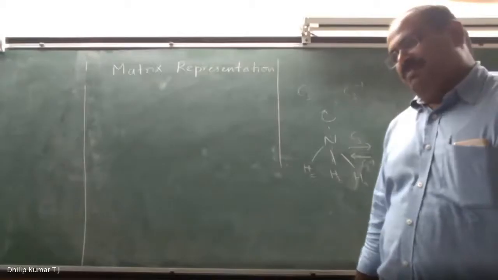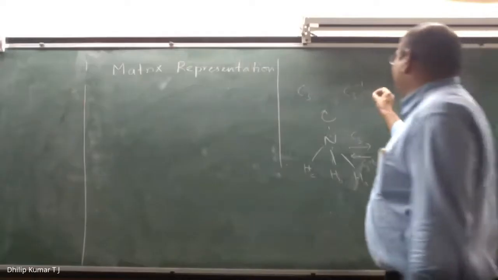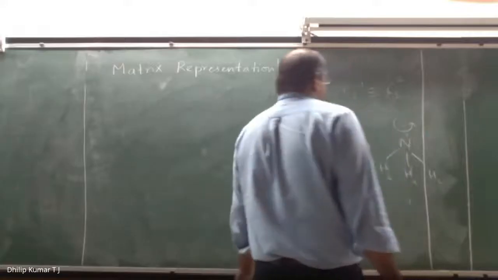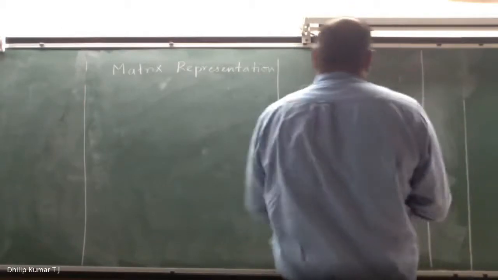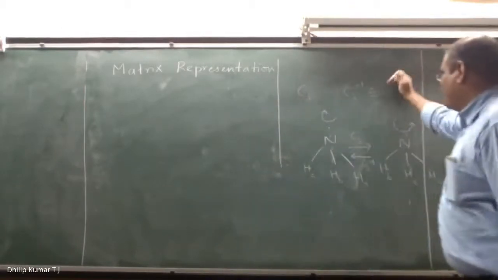No, these are different, I think. That was why I was asking about the difference between operation and element, because that will be defined in terms of operations. C3 squared is twice, right? Let me check. C3 squared is rotating two times. Yes, sir. That will be different from C3 inverse.